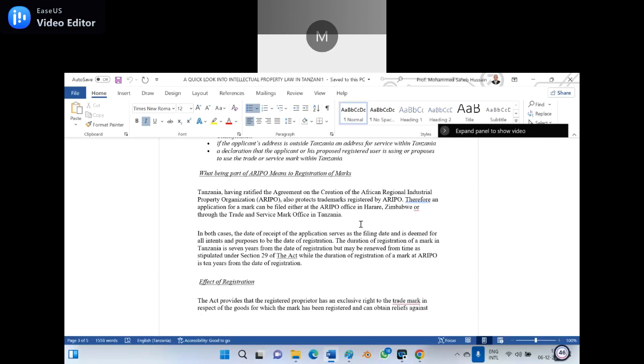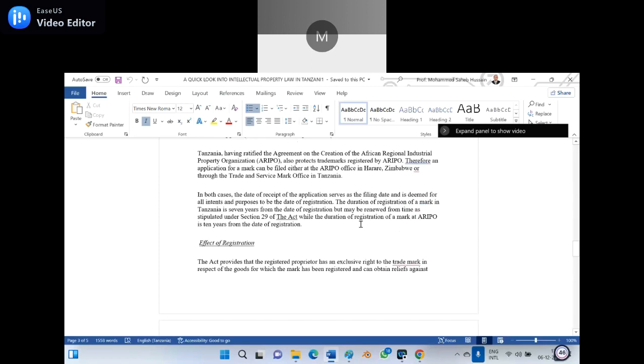Either way, one could approach and get a particular mark, sign, name, abbreviation or symbol registered. In both cases, the date of receipt of the application serves as the filing date and is deemed for all intents and purposes to be the date of registration.